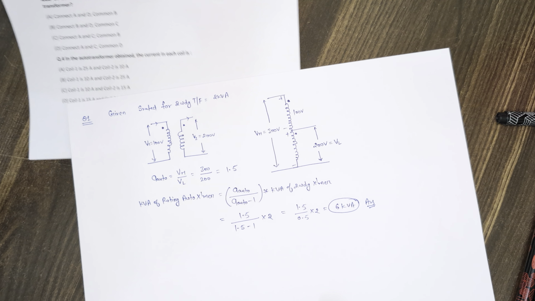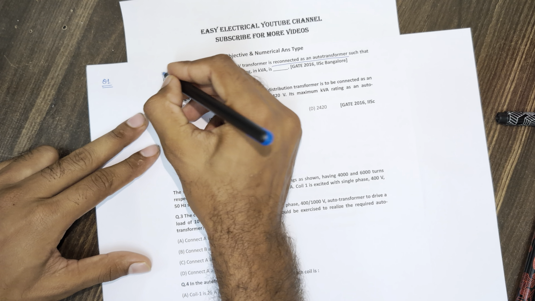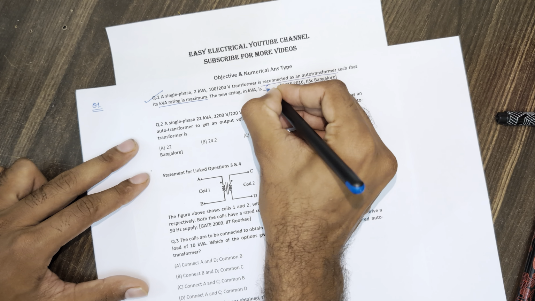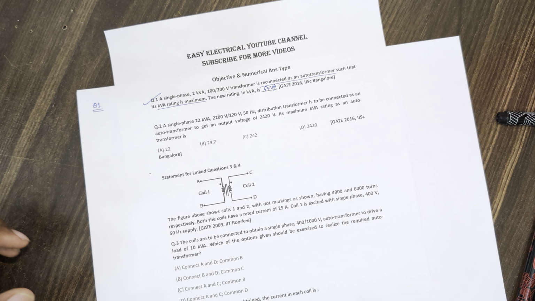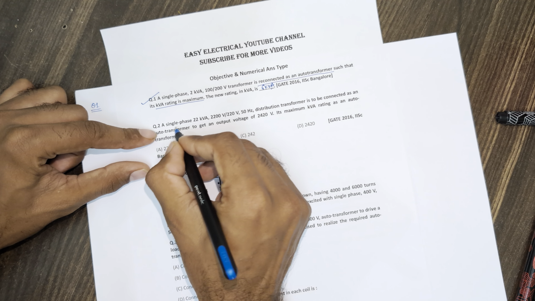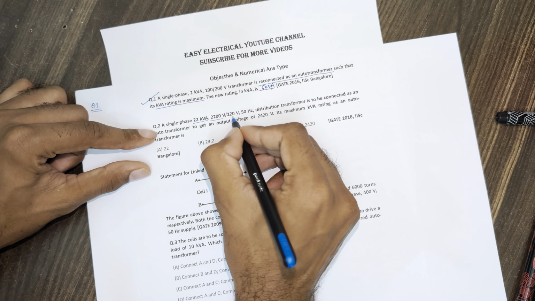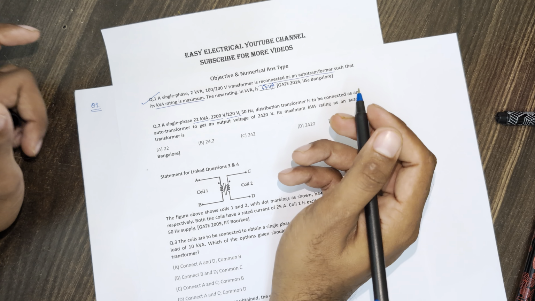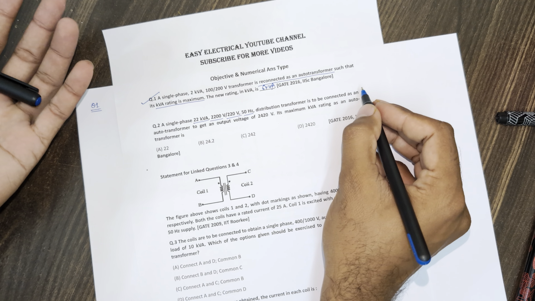Now what does question number 2 say? The first question's answer is 6 kVA, right? Now let's move to the second question. It says a single phase 22 kVA, 2200 volt in the primary, 220 volt in secondary, 50 hertz distribution transformer is connected as an auto transformer.